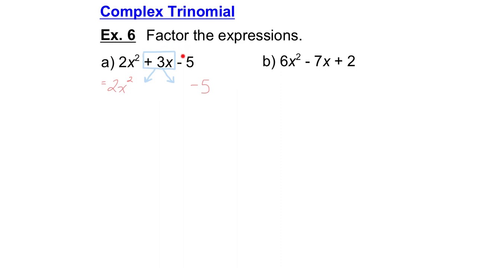So 2 times minus 5 is minus 10. So I need two numbers that multiply to minus 10 and add to 3. Now remember, if you need help figuring out those two numbers, you can do some work off to the side. We know our numbers need to multiply to negative 10, so list out some pairs of numbers that multiply to negative 10. Then find the ones that add to 3.